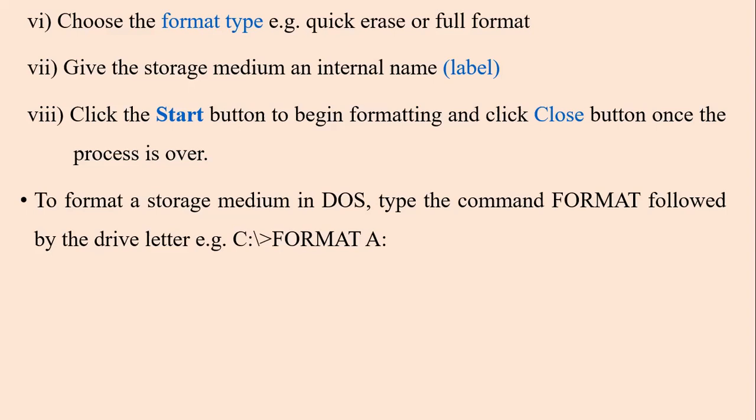If it is A, write format space A:, and press Enter. If it is a flash disk in drive E, type the command format space E:, then you press the Enter key.